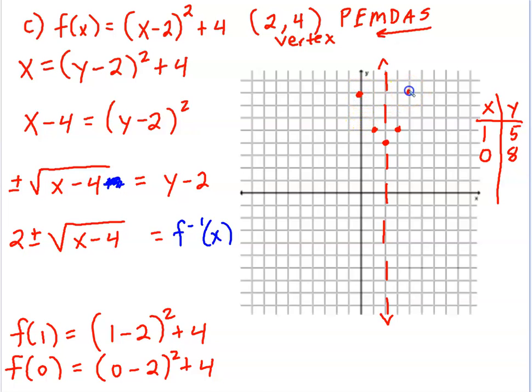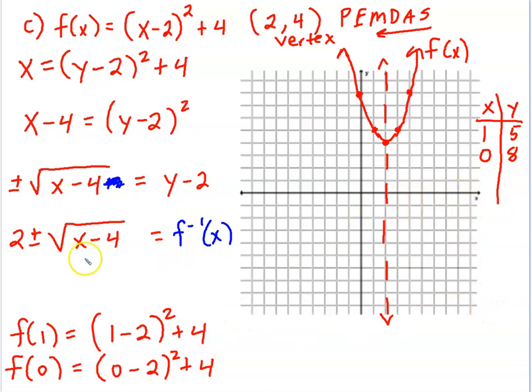And I can match that up, and so is that point. And I got my 5 points that are needed, so we'll go ahead and connect those dots. Make a U shape, and this is going to be labeled as f of x.